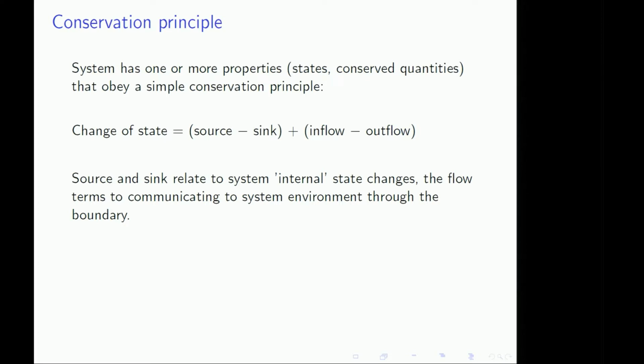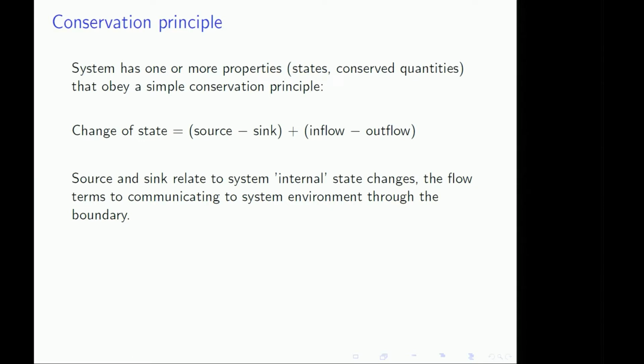These are properties that obey the conservation principle. The conservation principle is something very simple. It only means that the change of state, the change of conserved quantity, or actually the rate of change, can be explained by a few factors that can be identified: source and sink, or inflow and outflow.